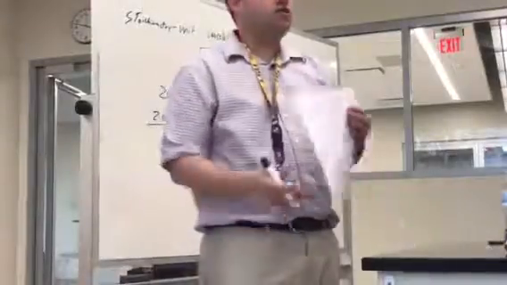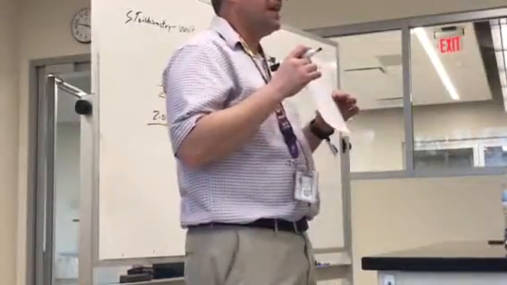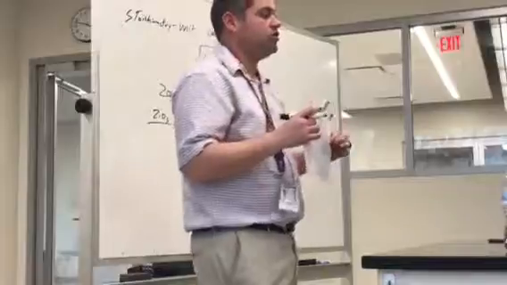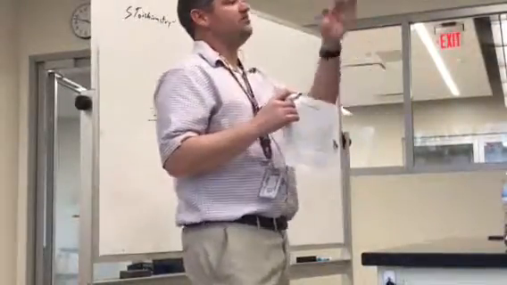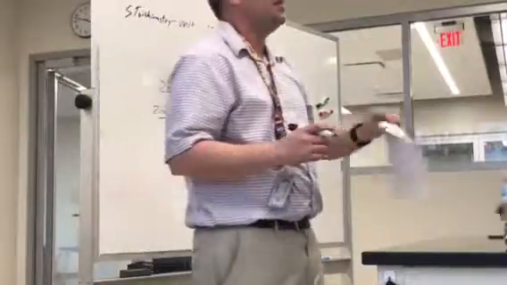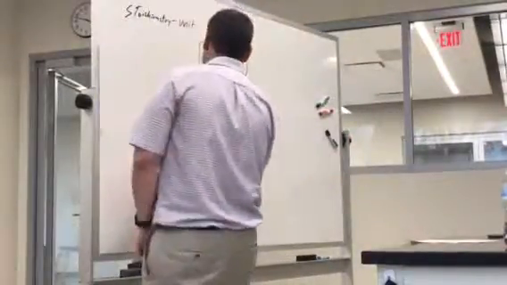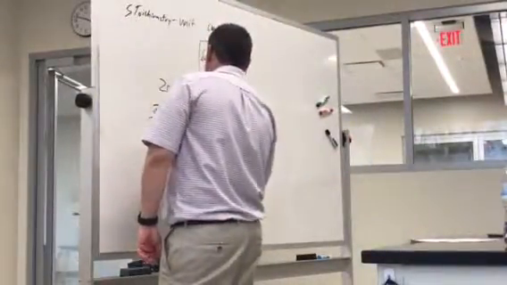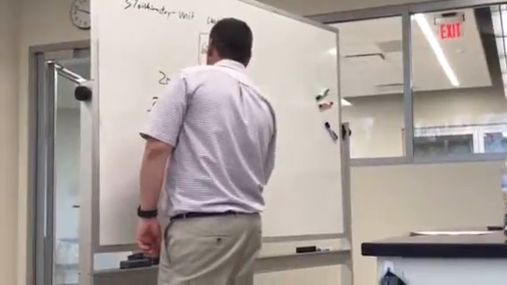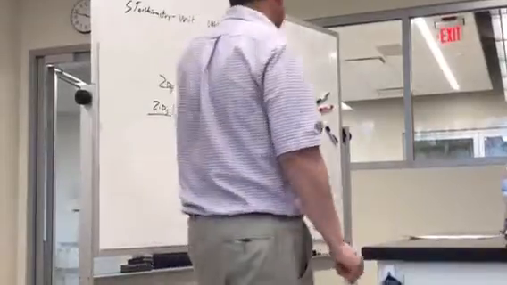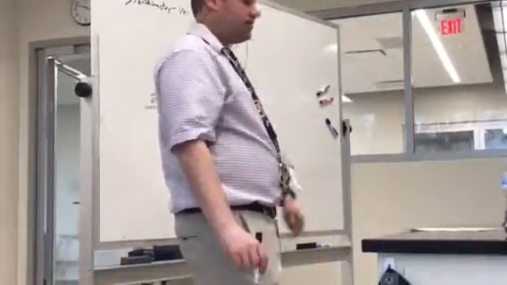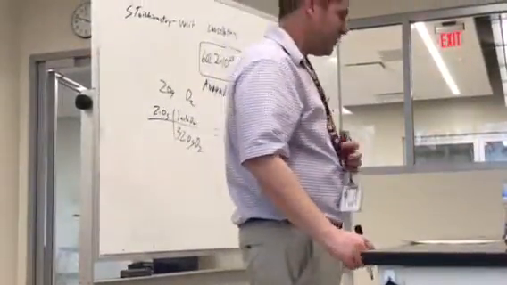I just come to the periodic table, and 1 mole of O2 equals, O2 is 16 plus 16, so 32 grams of O2. So 2 divided by 32, someone be my calculator.